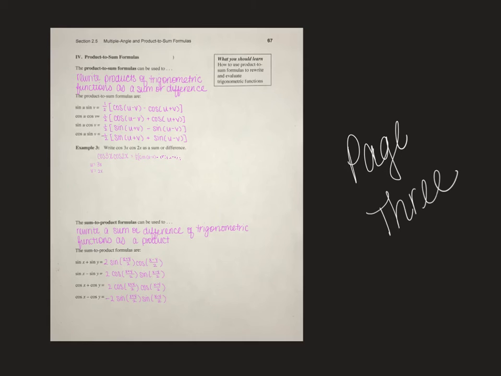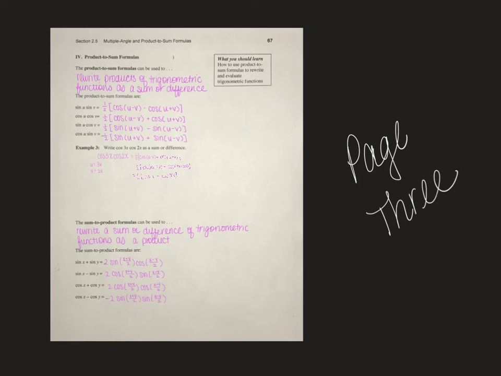So now that we've already decided what u and v are, we can fill them in. So you have 1/2 times the cosine of 3x minus 2x plus the cosine of 3x plus 2x. Close your brackets. So then we have 1/2 times the cosine of x plus the cosine of 5x.